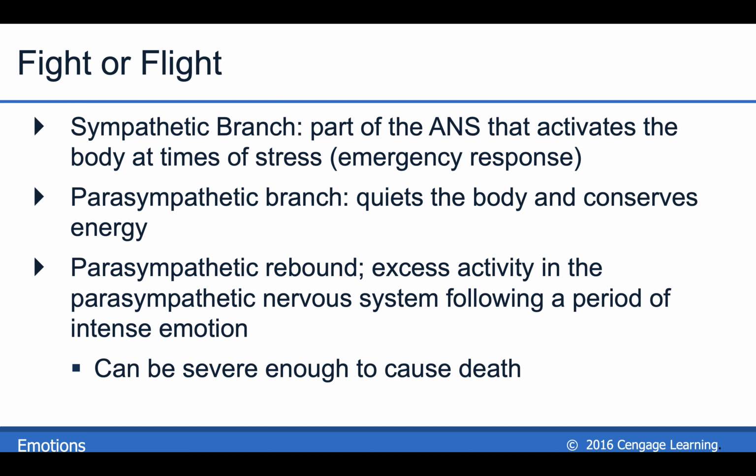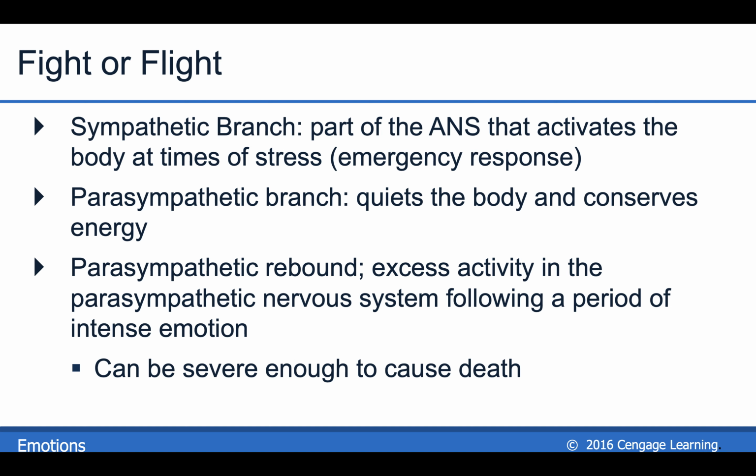So that fight or flight response is the sympathetic branch of our autonomic nervous system. Remember, we have the sympathetic branch that turns on that fight or flight response, and the parasympathetic branch quiets the body afterwards and helps conserve that energy. In very rare cases, you can have what's called a parasympathetic rebound. Essentially, the parasympathetic nervous system goes overboard and it calms you down a whole lot. It suppresses your body a great deal.